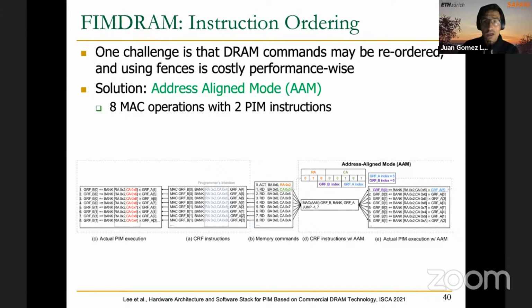So that's why Samsung folks came up with something called the address align mode, which is a way of solving this challenge. And what they essentially do is somehow coalescing 8 multiply accumulate operations with just 2 PIM instructions. And so every 2 PIM instructions may look like this.